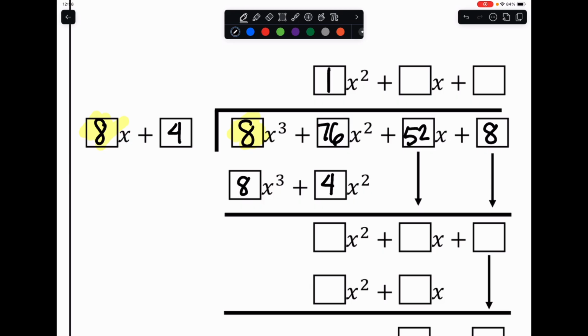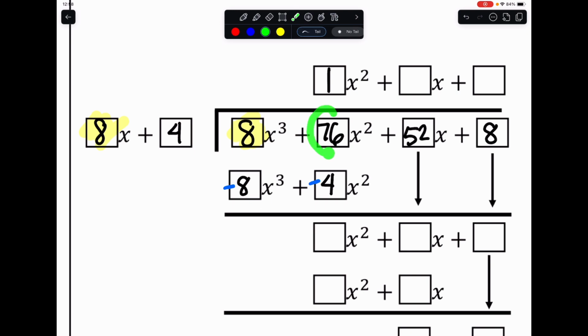Now, because we're subtracting a binomial from a polynomial here, it's more efficient and equivalent to simply change the sign of these two bottom terms and then use our addition rules of integers. So adding a positive 8 with a negative 8 is equal to 0, hence why the template doesn't have any boxes right there, because that term should always be 0.